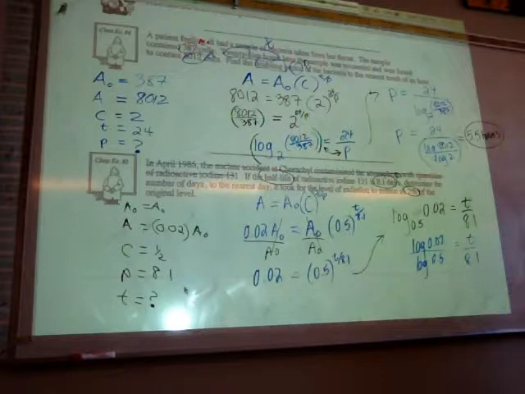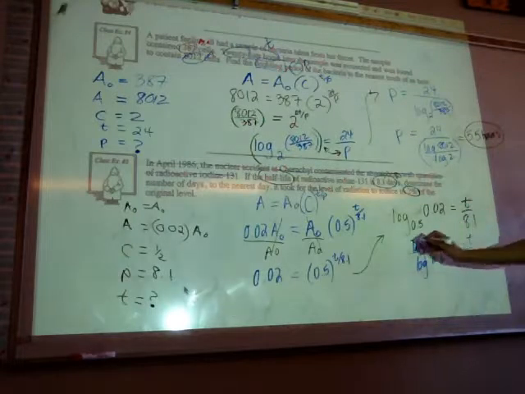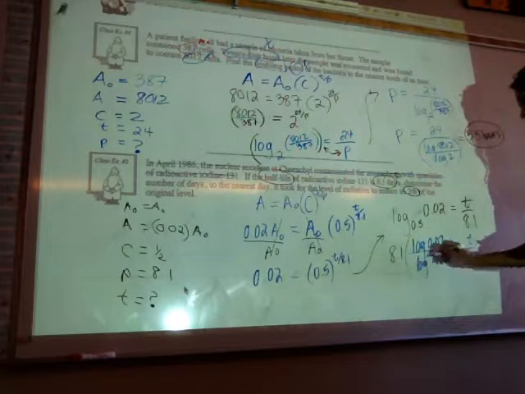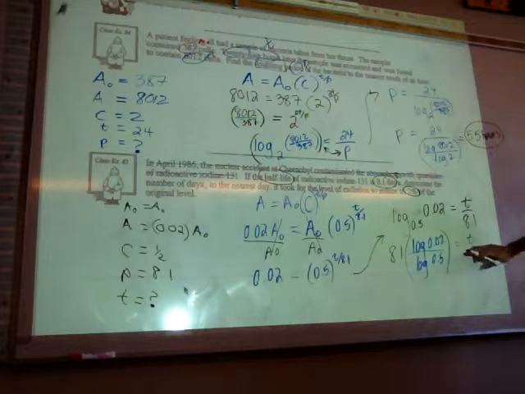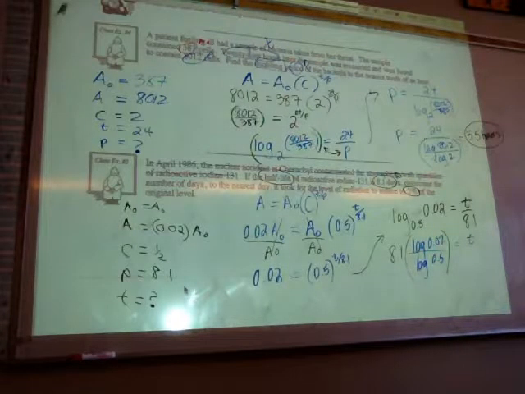To solve for T, what do I do with the 8.1? Good, I'm going to multiply it on both sides, and we get our T. So let's put in log 0.02 divided by log 0.5, figure out what that is, then multiply by 8.1.